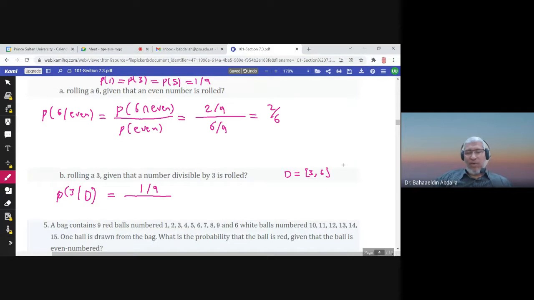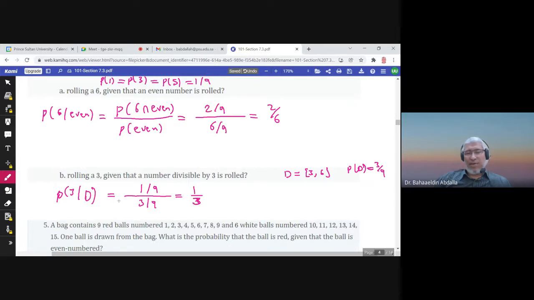Over probability of D. What is probability of D? Probability of 3 is 1 over 9. Probability of 6 is 2 over 9. So probability of D is 3 over 9, 2 plus 1. So the probability is 1 over 3.